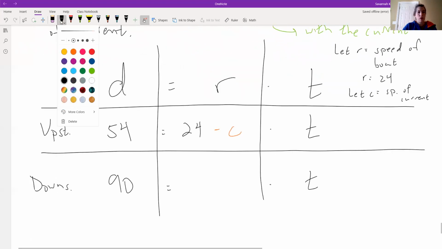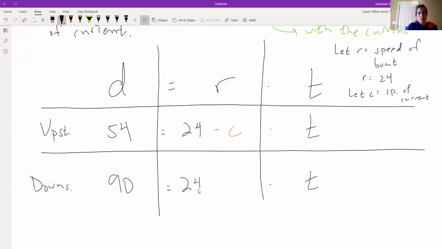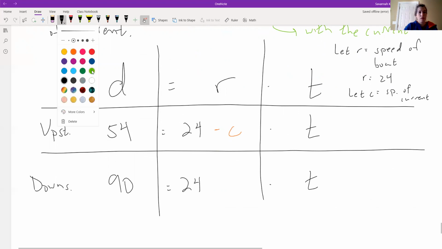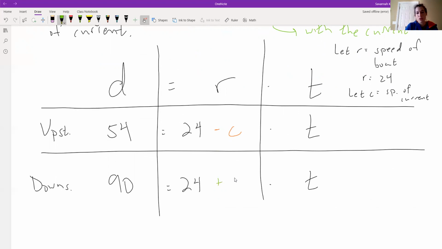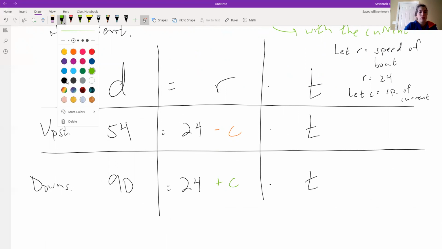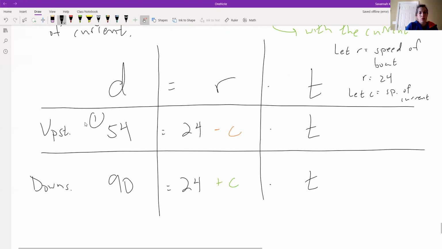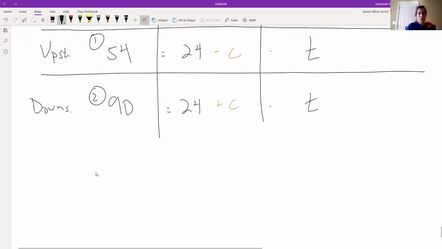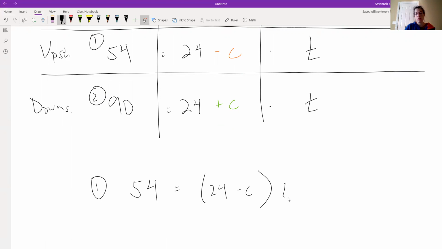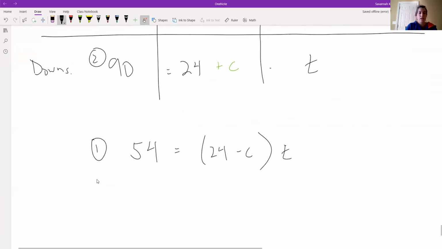If I'm going downstream, one equation down, I actually need to add the current because now the current is my friend. So what these equations are going to look like, equation 1, equation 2. So I have distance equals rate, those two rates combined, times time.